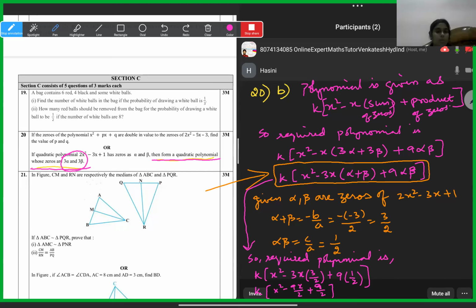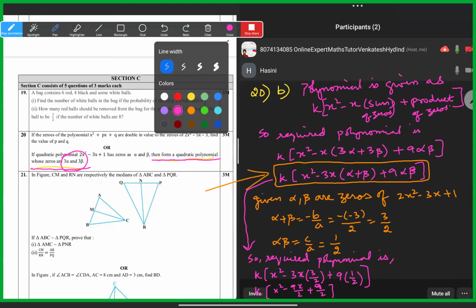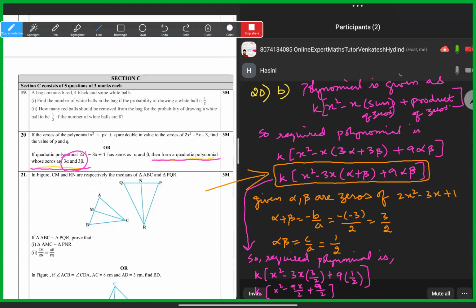Any doubt? The LCM is 2 overall. So what will be the next step?